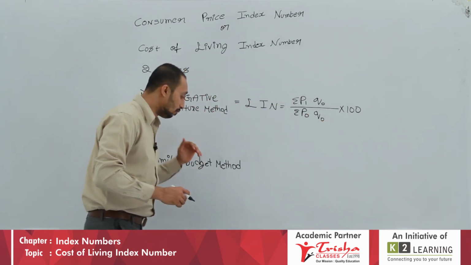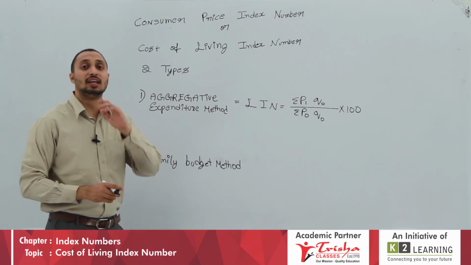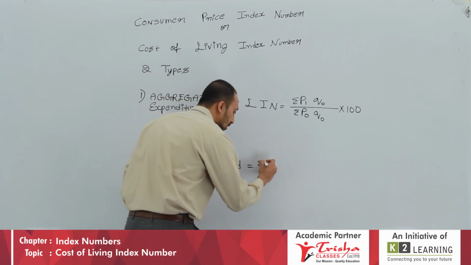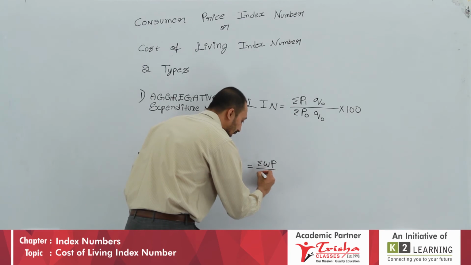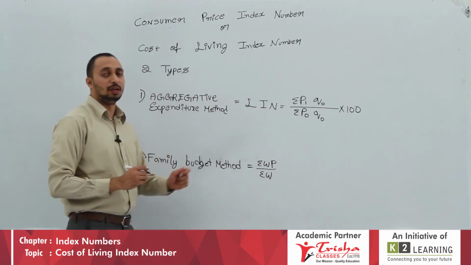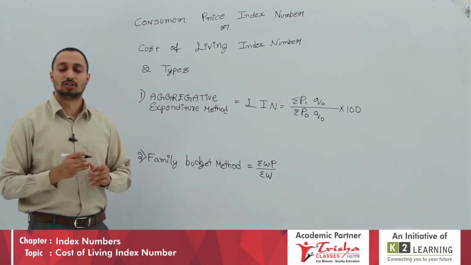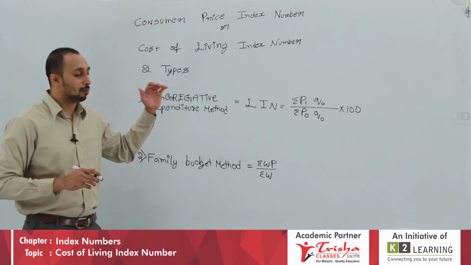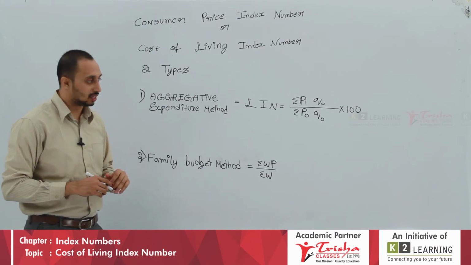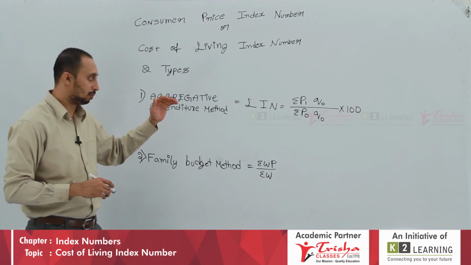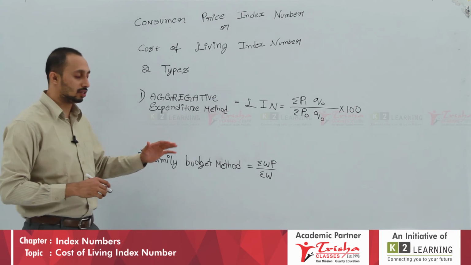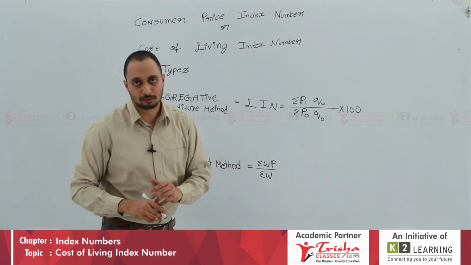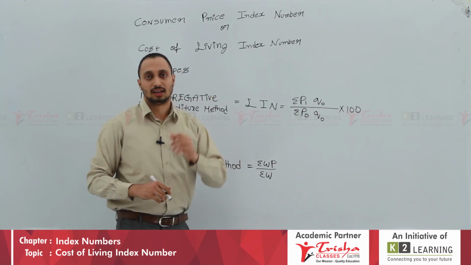So this is the formula, exactly like the weighted aggregative index number, that is summation WP divided by summation W, where W denotes the weight and P denotes the price relative. So the aggregative expenditure method formula is exactly like last year's index number, summation P1 Q0 divided by summation P0 Q0, and the family budgeting method is summation WP divided by summation W, where W is the weights and P is the price relatives.